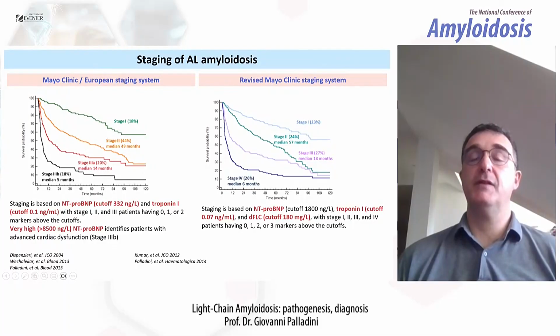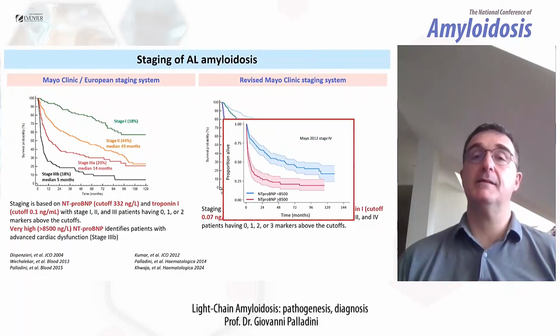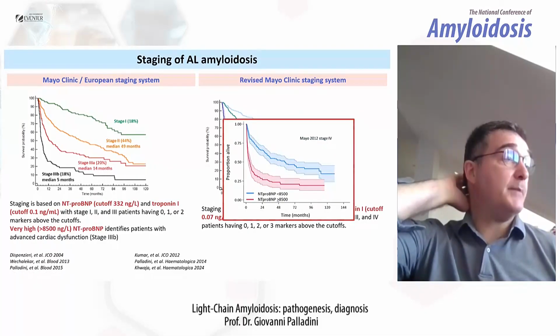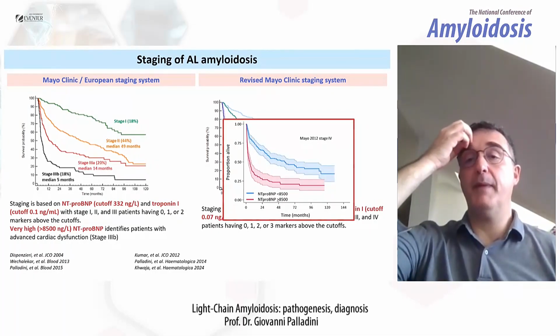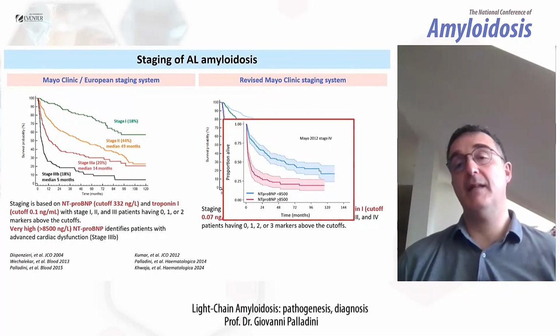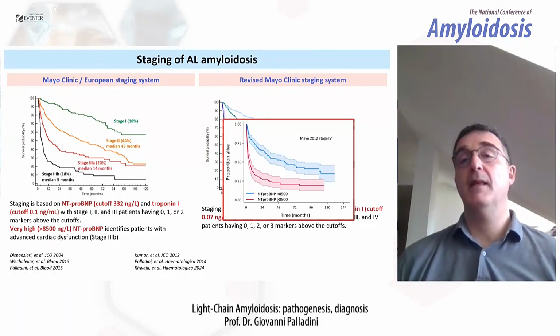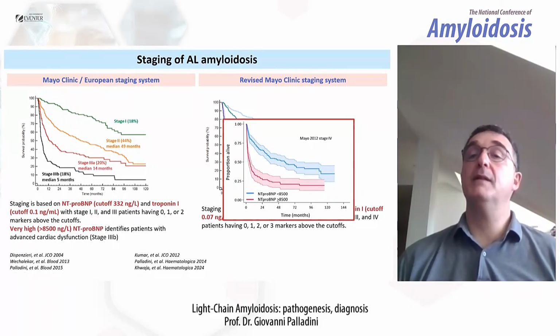So I would say that this staging system is also a cardiac staging system. But NT-proBNP, a high level of NT-proBNP, 8500, that defines the very advanced stage with the Mayo 2004 staging system, is also able to divide into two groups the Mayo 2012 stage 4.